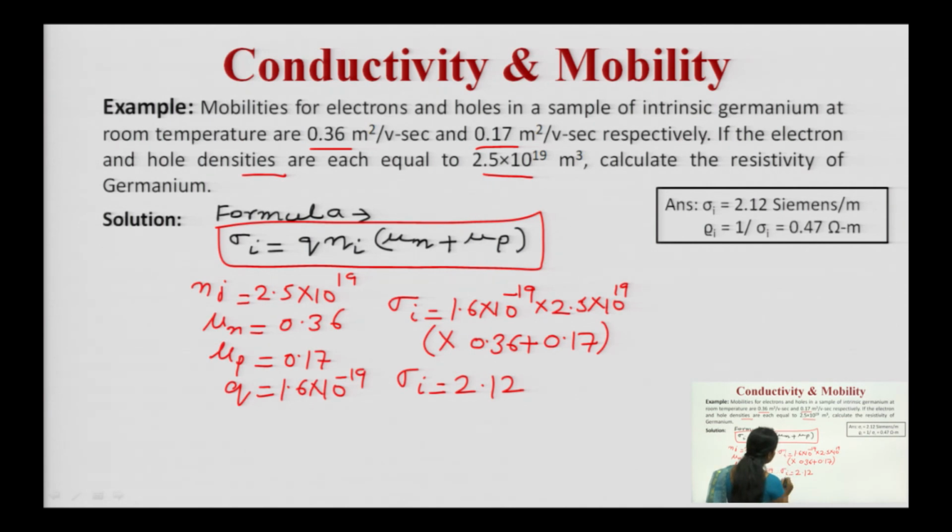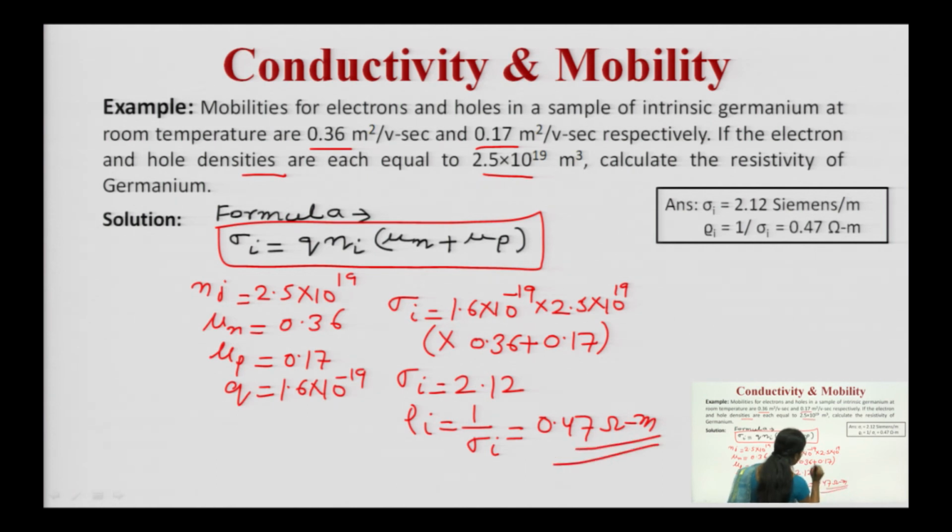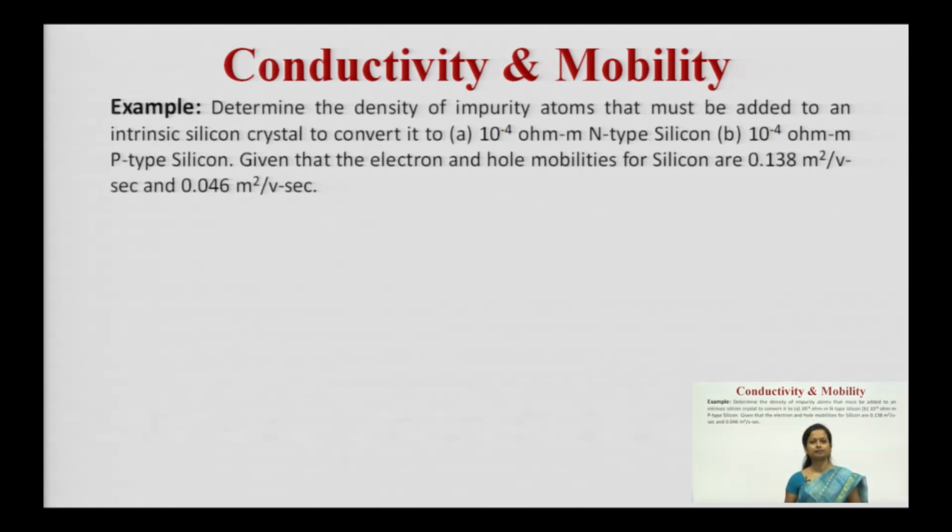And if you are going to calculate resistivity, this is nothing but 1 upon conductivity. So, it would be 0.47 ohm meter. So, this is how you can calculate the conductivity, mobility and all the things given in the question. I hope this particular question will be clear to you. Let us discuss one more question.